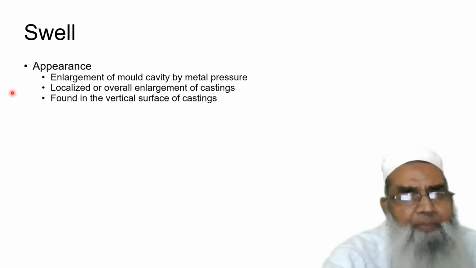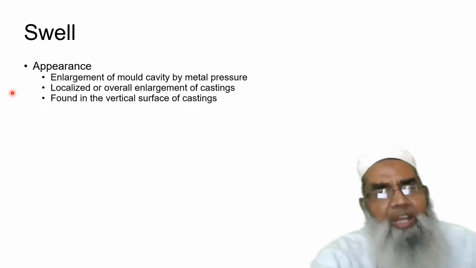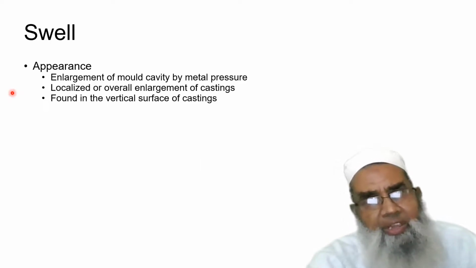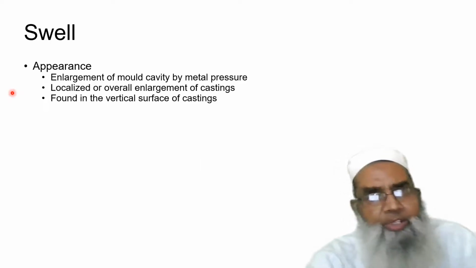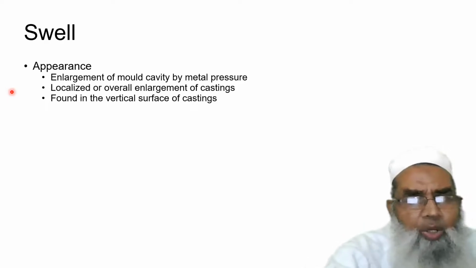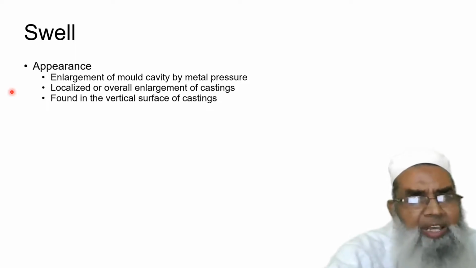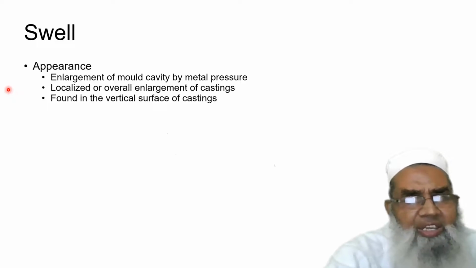Metal is at high pressure, and therefore if the ramming is not adequate, then this may push the wall and swell the metal out. It can be localized, or an overall enlargement of the casting may take place, and generally it is found on vertical surfaces of castings.